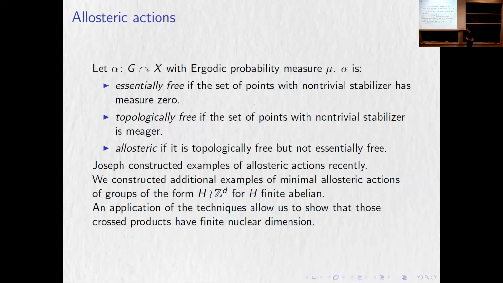So we have some profinite action of those, which we can show are allosteric. And an application of our techniques, not direct, but not very indirect, can handle those cases too. Okay, so that's the summary of what we have there.